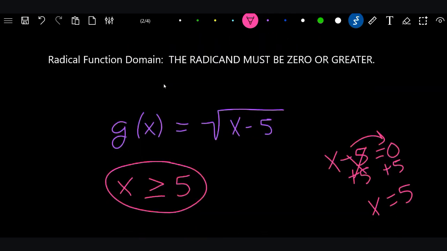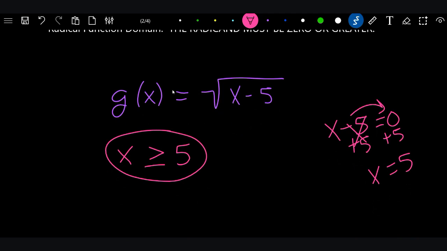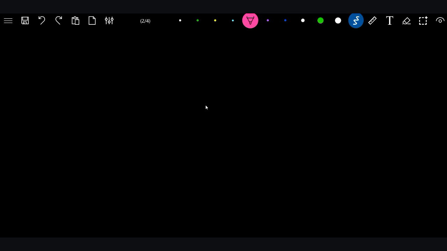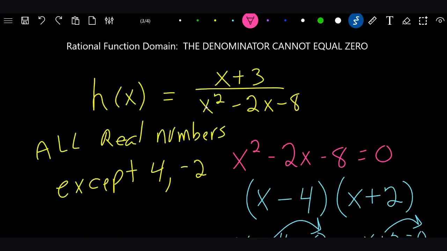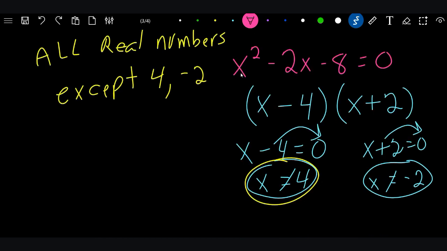In radicals, we set it equal to 0, and then we put the greater than sign, or potentially less than, but for the most part it's going to be greater than, because we have to keep it greater than 0. And then we have here the rational function domain. We set the denominator equal to 0, and we say, okay, the x in the denominator cannot equal 4, and it cannot equal negative 2.